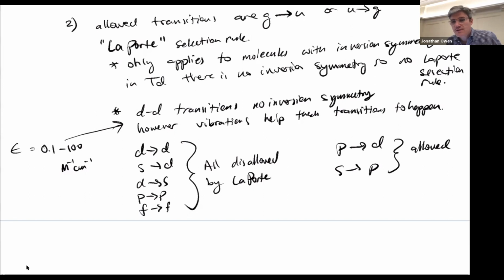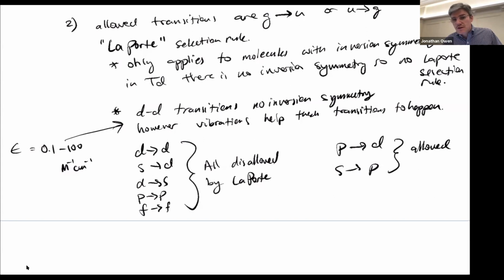D to D transitions are forbidden by Laporte, and so they're not very strong. If the transition metal complex itself has an inversion center, these issues are more important. If it's tetrahedral and there's no inversion symmetry, it's less important. So tetrahedral compounds are more likely to show you a D to D transition. Octahedral compounds are less likely to show you a D to D transition.